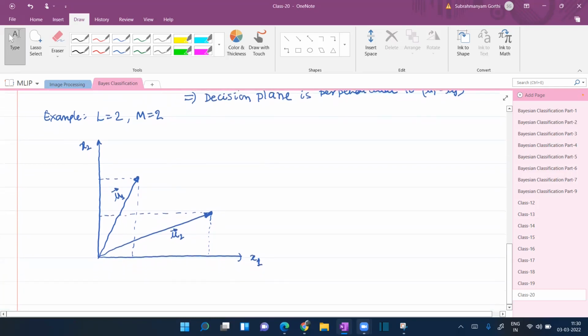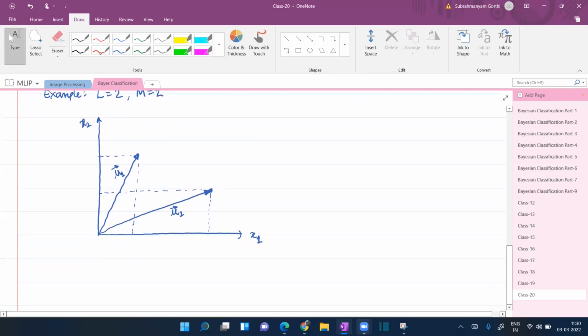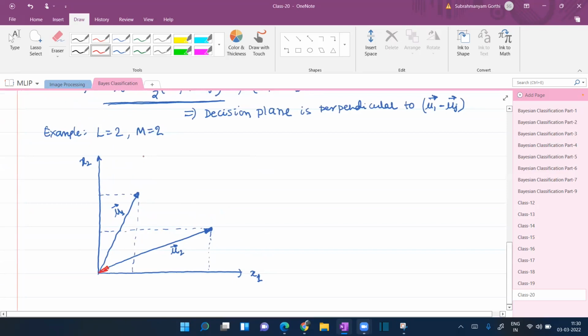Mu2 bar means you take the mu2 bar in this direction. You all know vector calculus very well. Minus mu2 bar plus mu1, that is mu1 minus mu2. Then what should I do? I should connect these two. Okay, what will be the direction now?